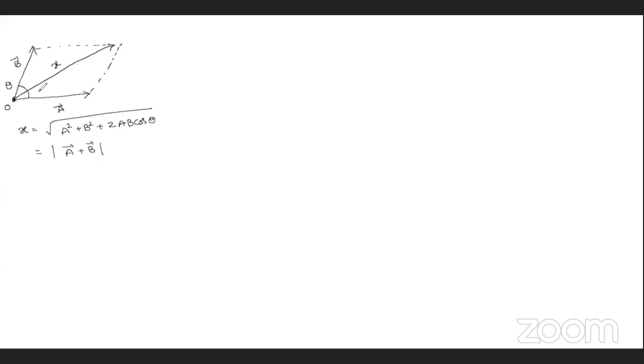Then suppose the same person asks about the resultant, which is the addition of two vectors. You are saying the magnitude very simply. What about the direction? Suppose you assume the x-axis. With the x-axis, how much angle does the resultant vector make?